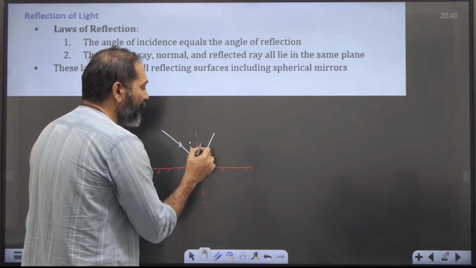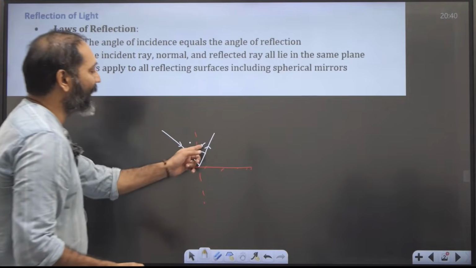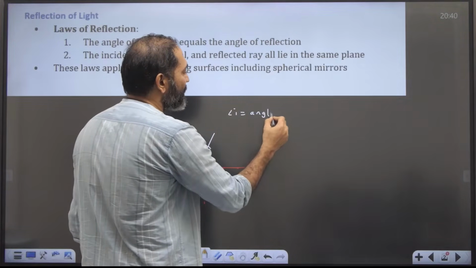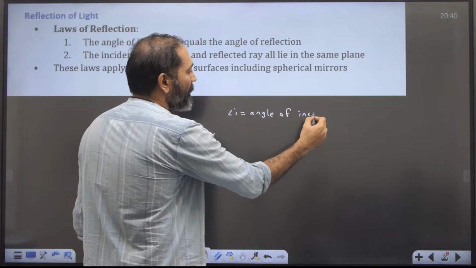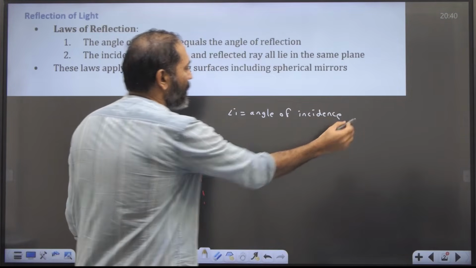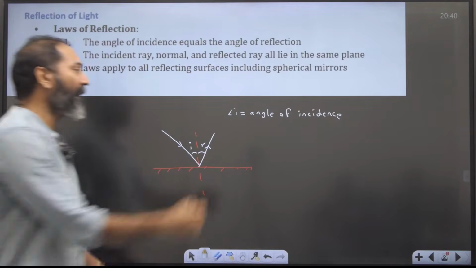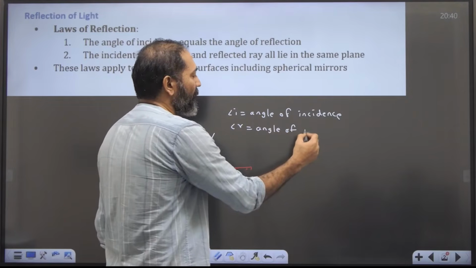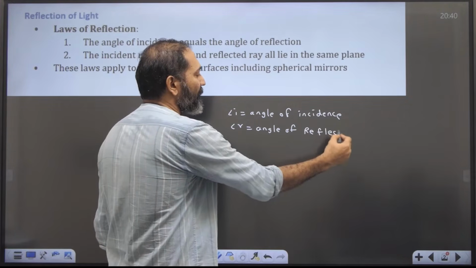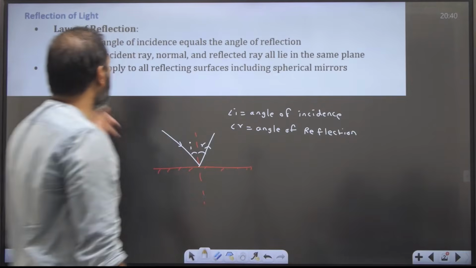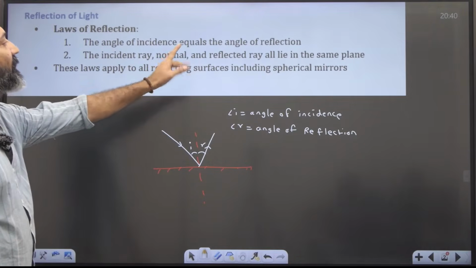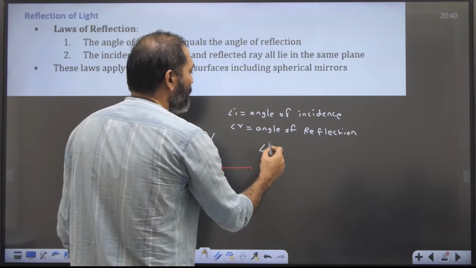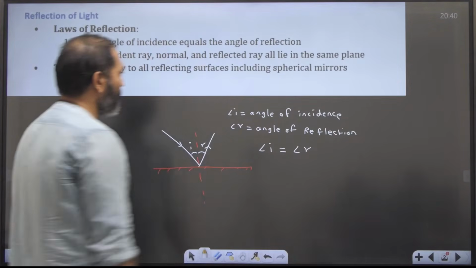The angle between the reflected ray and the normal is angle R, the angle of reflection. So what you understand from this is that the angle of incidence equals the angle of reflection. That means angle I should be equal to angle R.